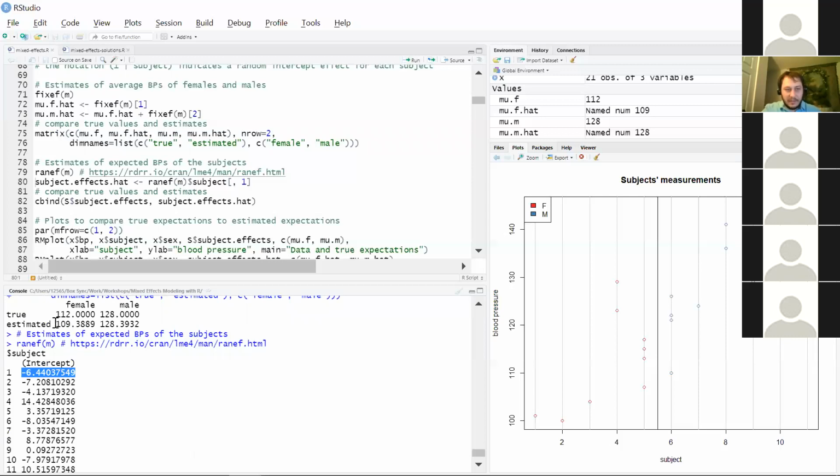We've estimated the group expectation to be 109.4, and our model fitting is also implying an estimate for this individual's deviation from her group mean. It thinks that her expectation is 6.4 less than her group's expectation. So that's the estimate of that subject's deviation from her group's mean, her expectation's deviation from her group's mean.